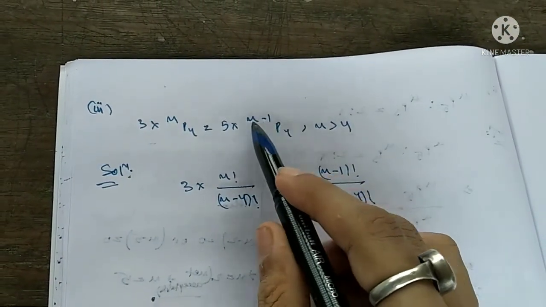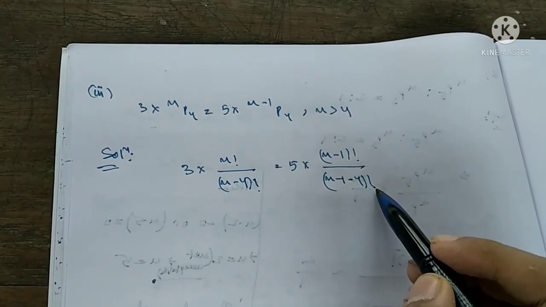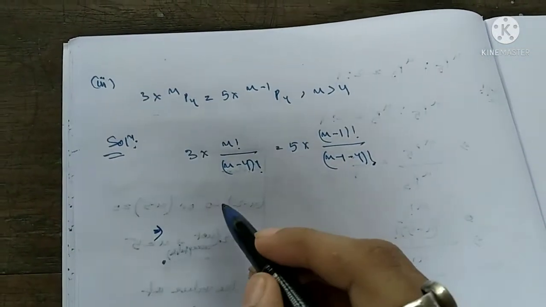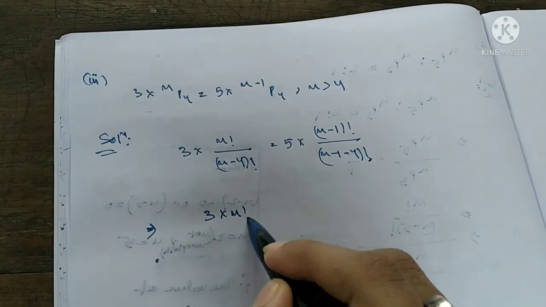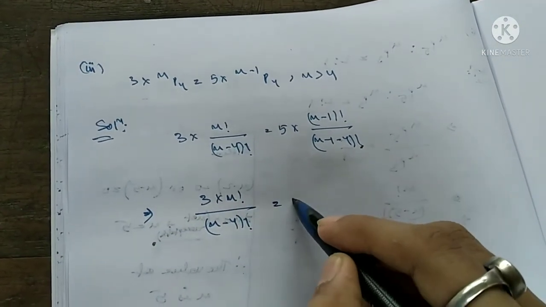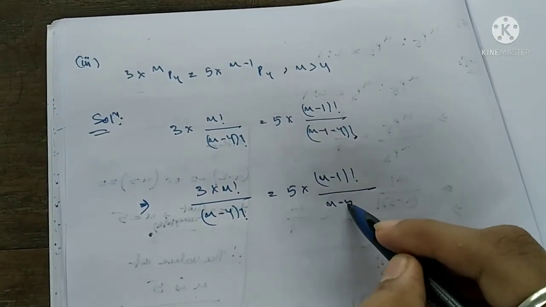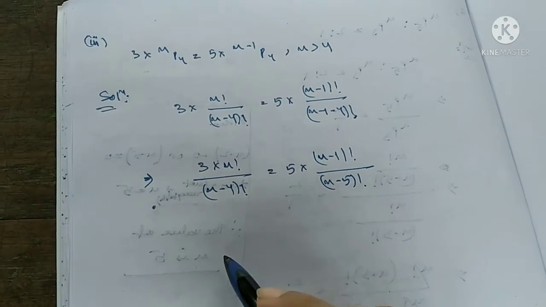Understand? This means (n minus 1)P4 is (n minus 1) factorial by (n minus 1 minus 4) factorial. So now 3 into n factorial by (n minus 4) factorial equals 5 into (n minus 1) factorial by (n minus 5) factorial, I am getting.